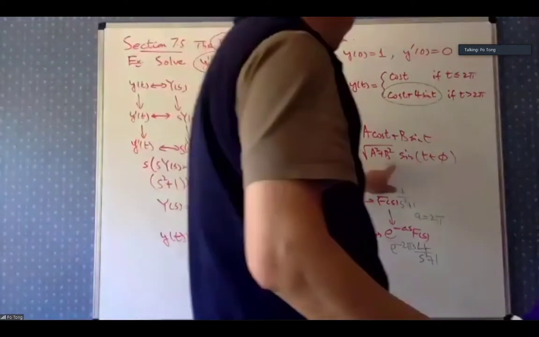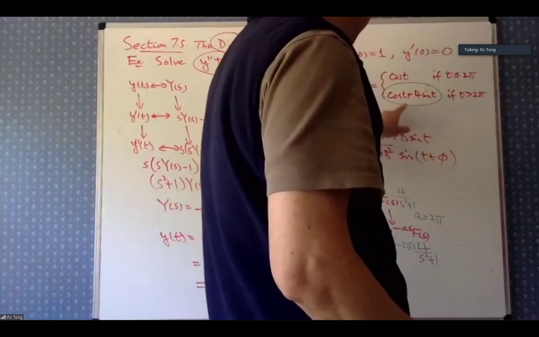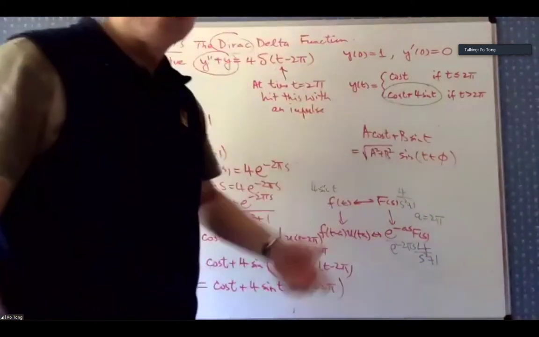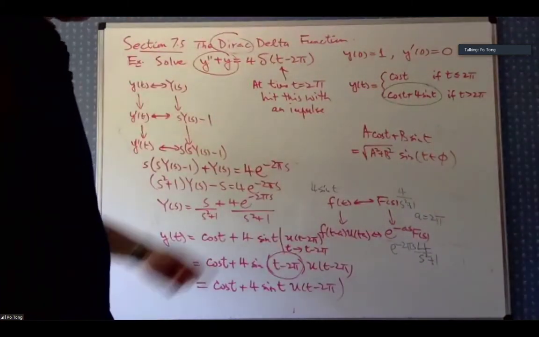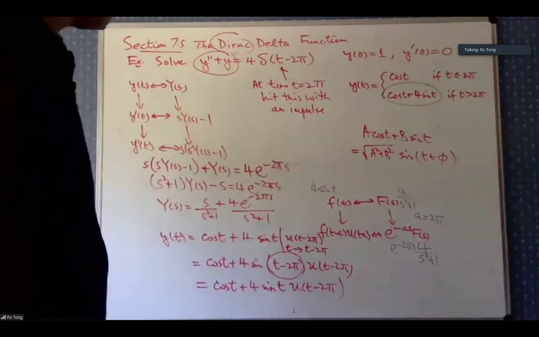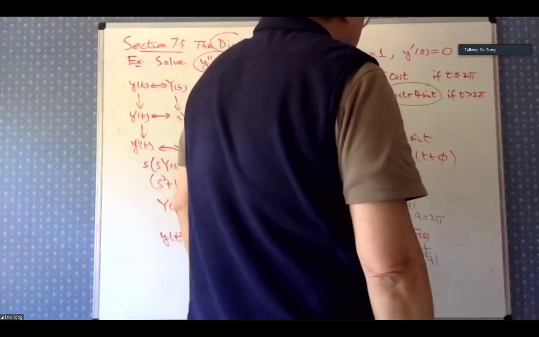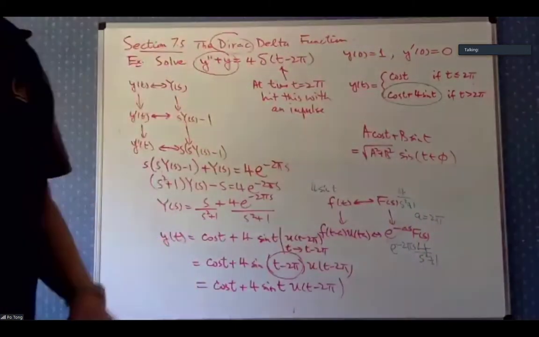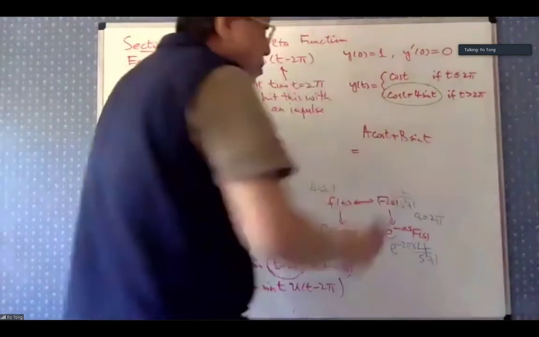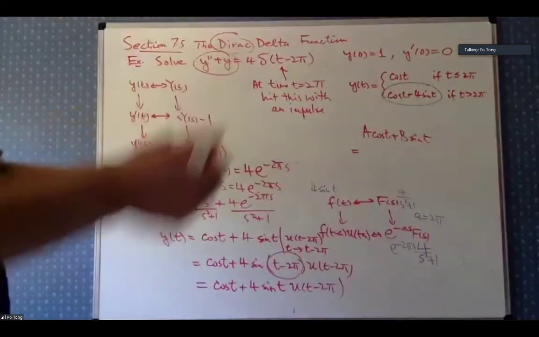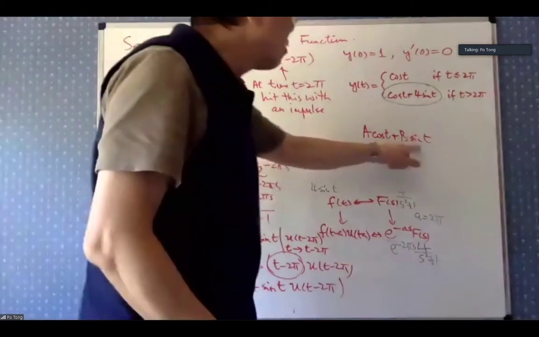So why don't we just even do this? We're going to combine these two. Then it can explain the graph a little bit better. Eventually I'm going to show you the graph. Okay, here's what happens when you combine two sinusoids, one sine and one cosine.